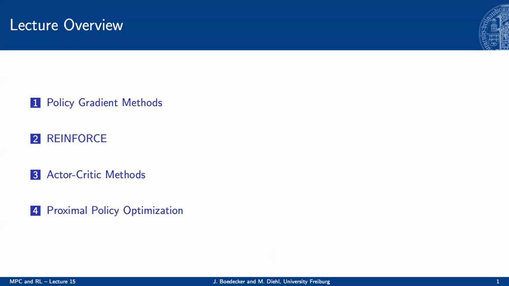And so we will take a look at policy gradient methods that try to calculate an approximate gradient of our objective function with respect to policy parameters, and then look at REINFORCE, which is a concrete algorithm that uses this idea. It was one of the early algorithms for this, and it's still useful, but has high variance.